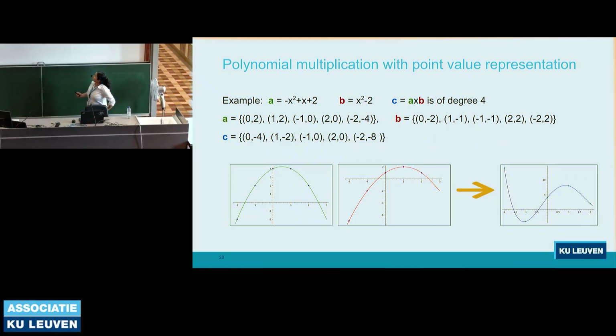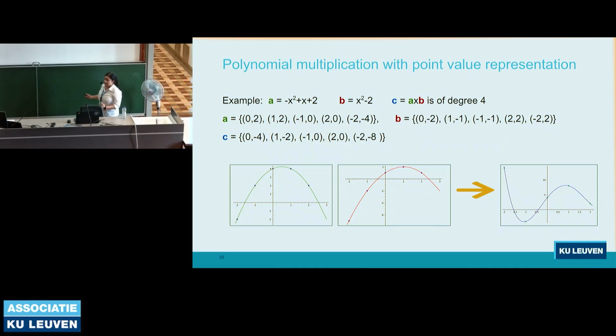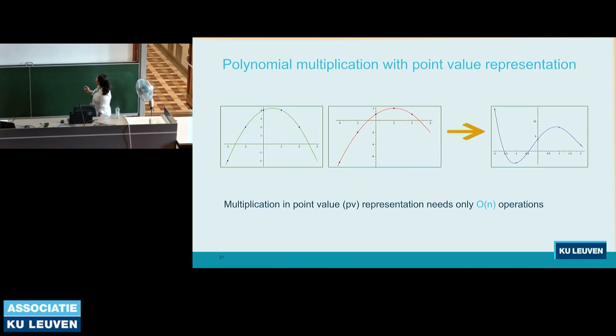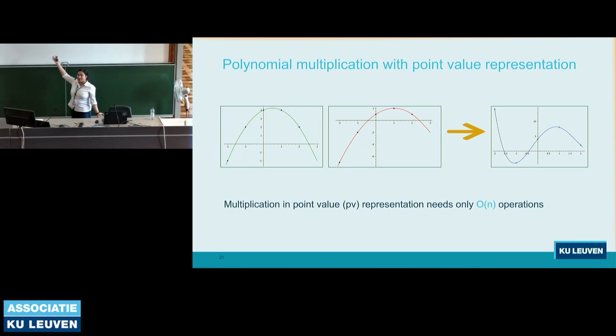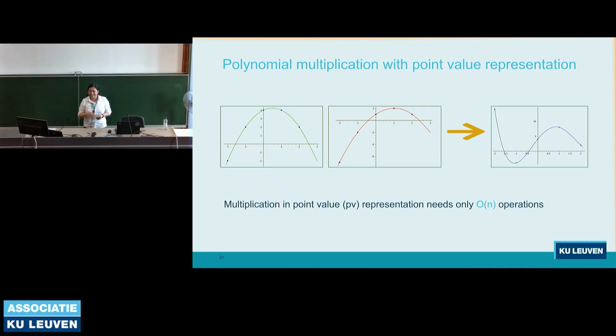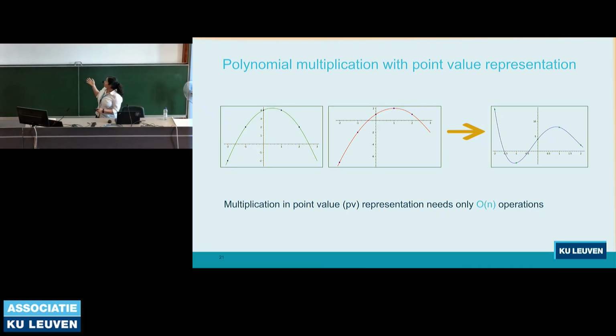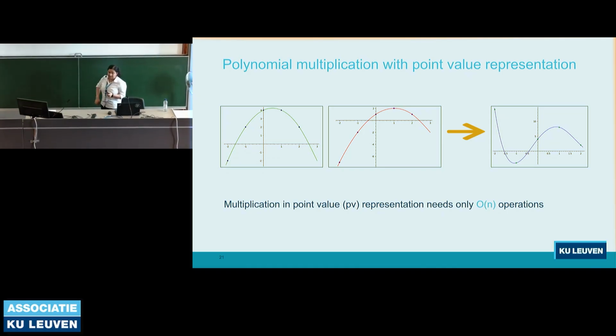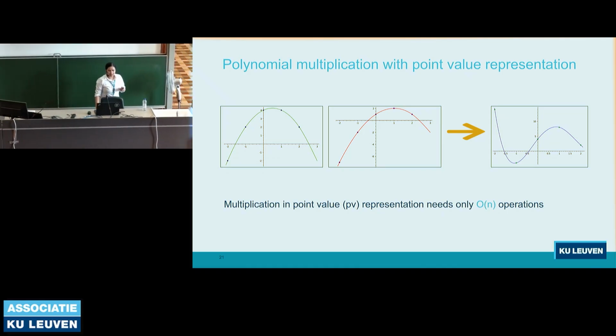We just have to multiply these two numbers, A and B, and we get the resultant one. The complexity of that is order of n. So it's very easy. We get an order of n algorithm for polynomial multiplication, or point-wise multiplication, just using point value representation.